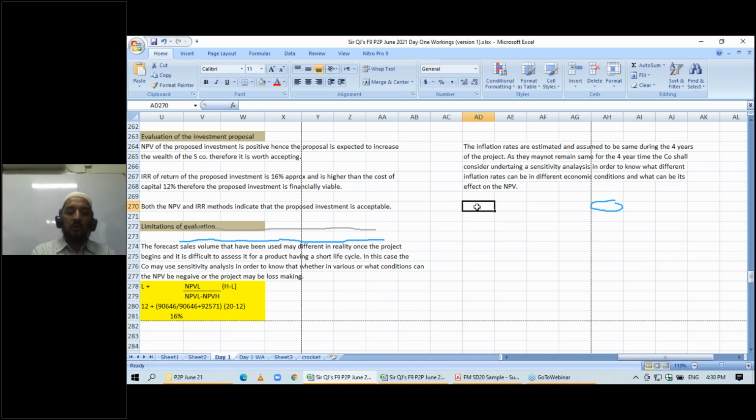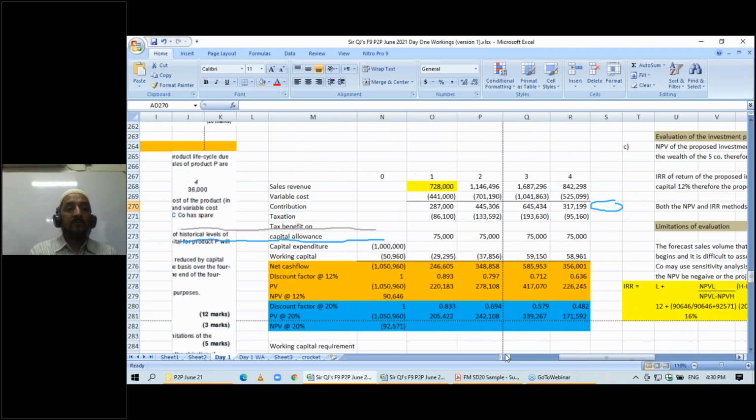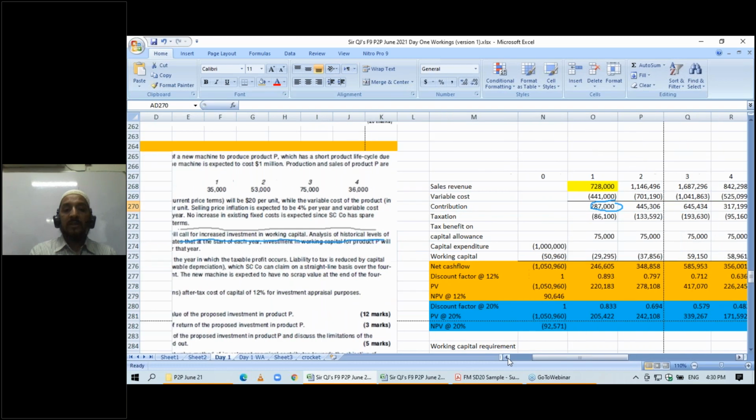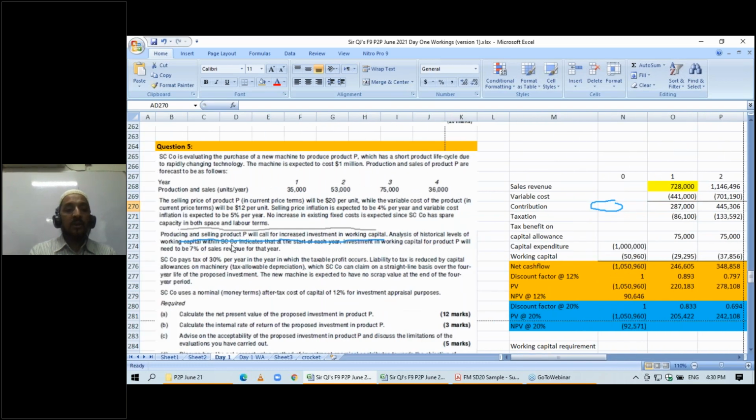Further, we can also write on the fixed cost. They have assumed that the fixed cost is not changing as they have spare capacity. But if you see in year 3, you will note that the production volume is 75,000 production and sales, compared to year 1 in which it is 35,000.